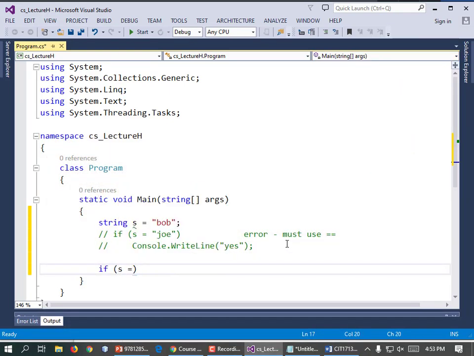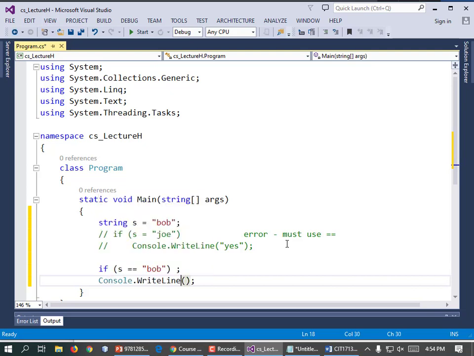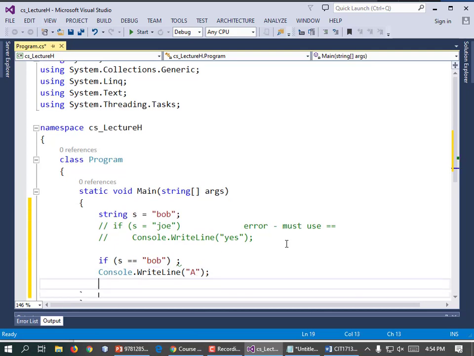Something to this effect: if (S == "Bob"); it looks good if your brain has become convinced that you have to put semicolons everywhere. And then Console.WriteLine("A"). We're going to print out an A. We can already tell something's up because it didn't tab.